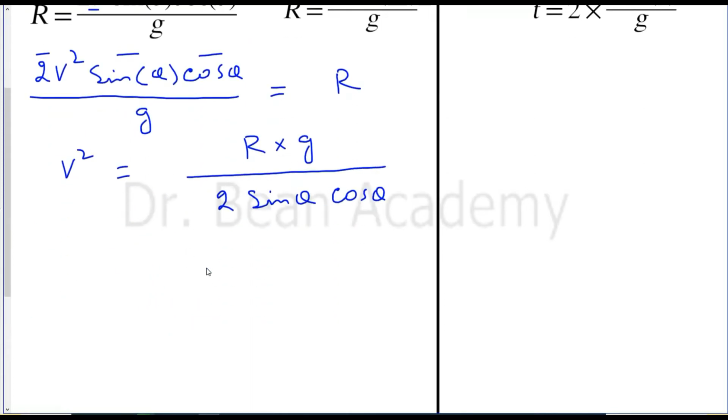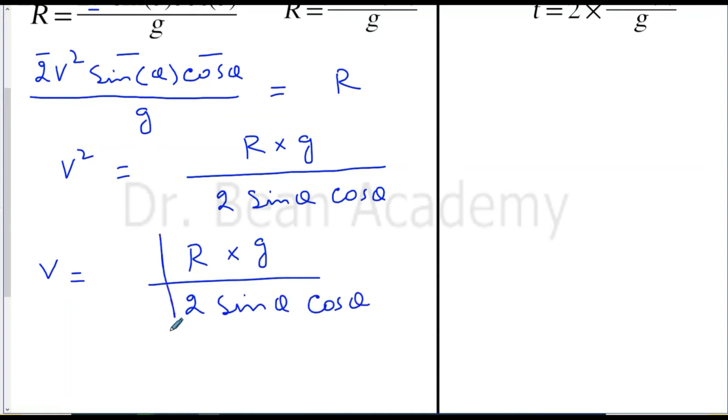Next I want to find v, because I don't want v squared, I need v. So I will take a square root on both sides and I will get the square root of R multiplied by g over 2 sine of theta cosine of theta. Now I can plug in the values and I will get the value of v.